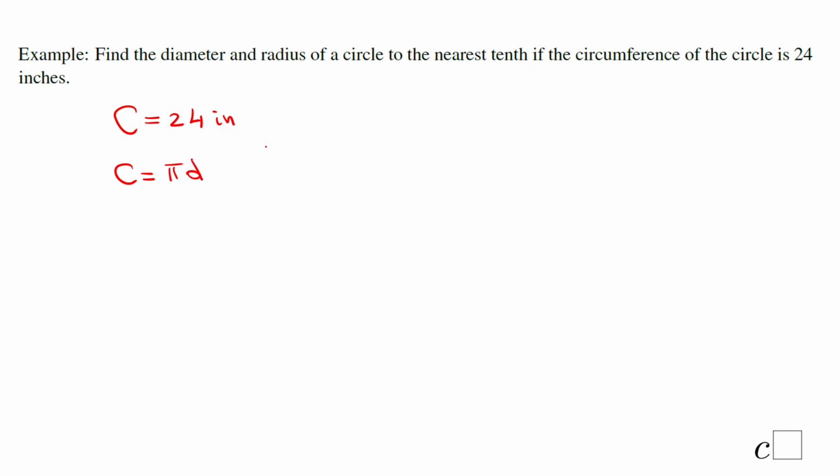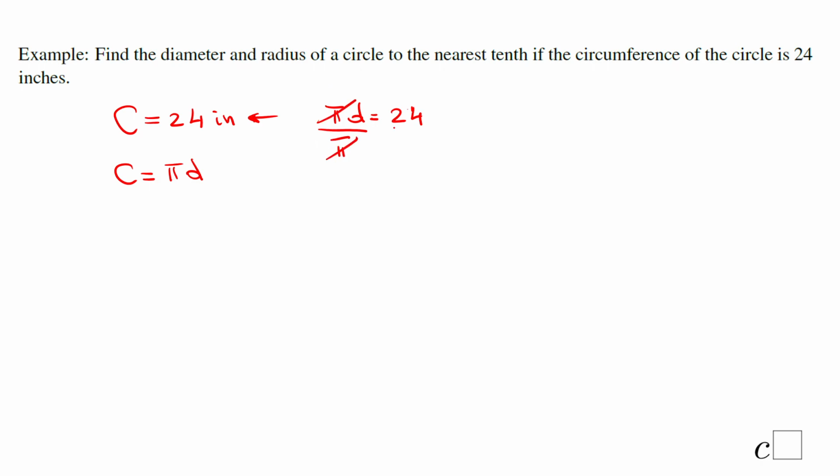So we're going to replace in this first statement: pi d equals 24, and we need to solve this equation for d. For solving for d, we need to divide by pi because we have pi times d.